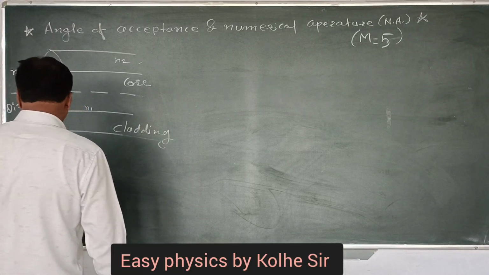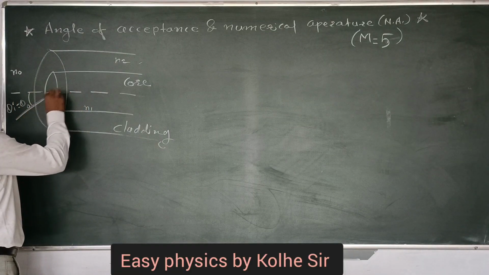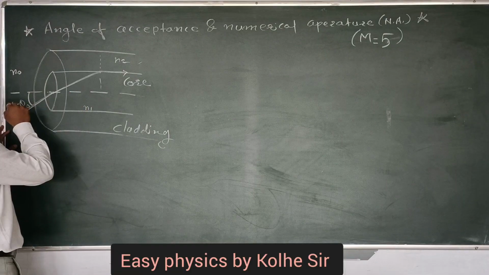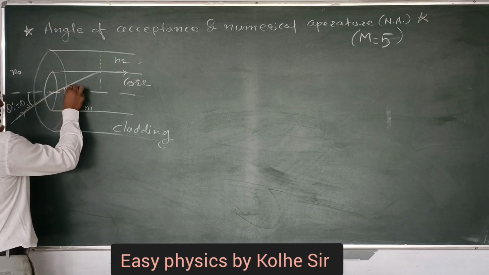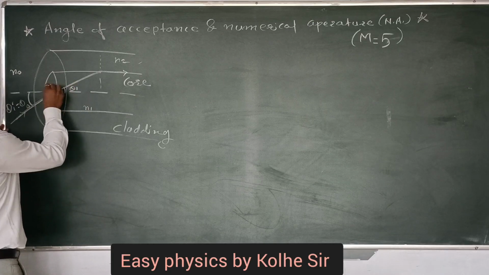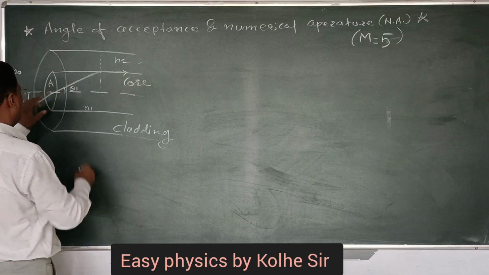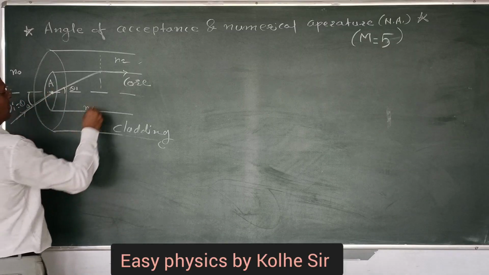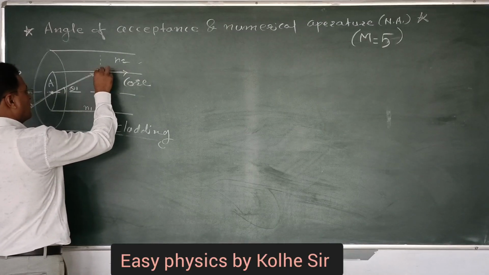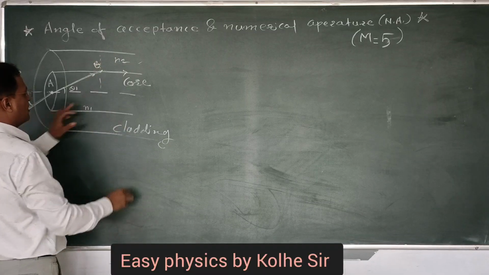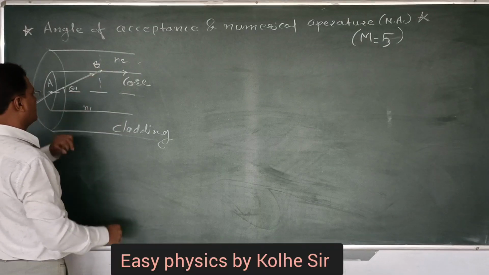Now this is the incident angle. This is theta 1, interface between the surrounding and core. We will say that this point is A and this point is B, which is interface between the core and cladding.